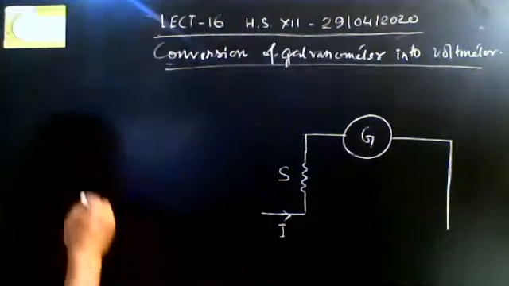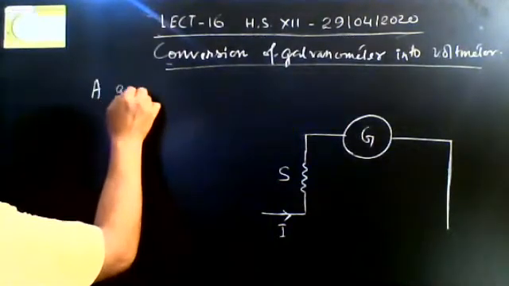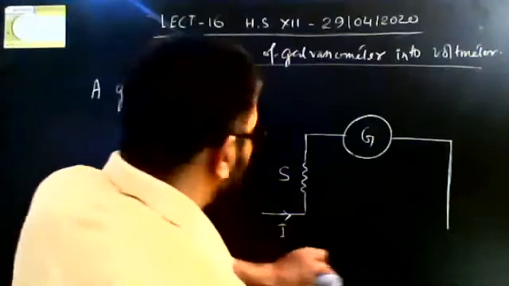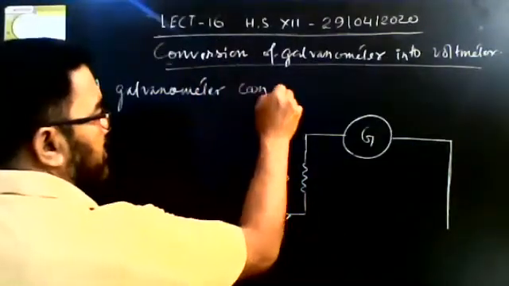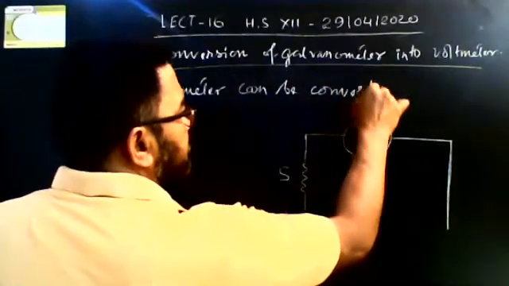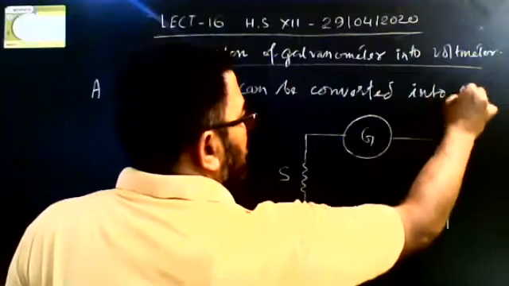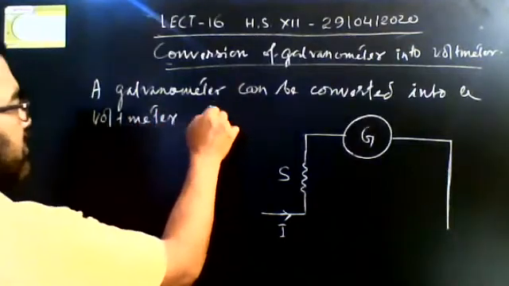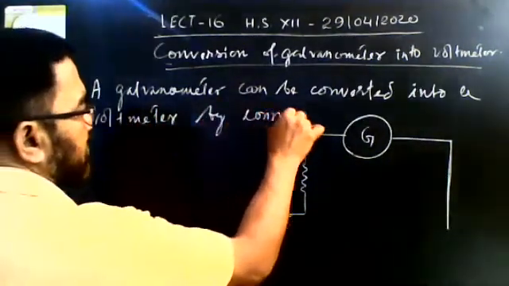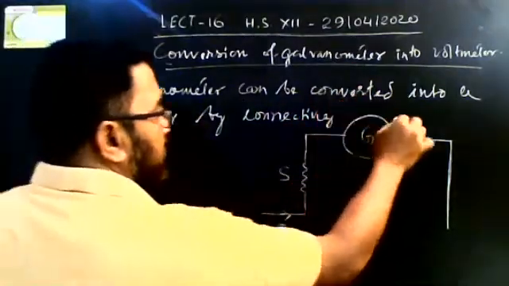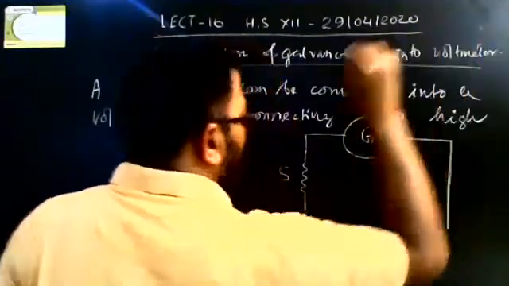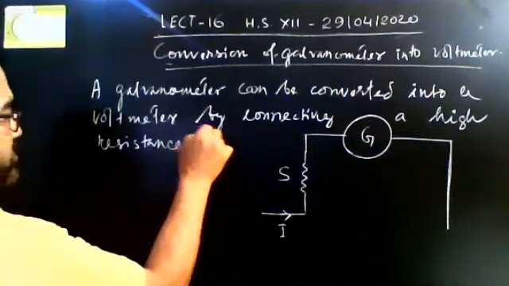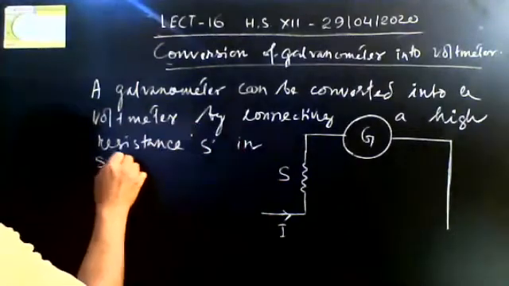So a galvanometer can be converted into a voltmeter by connecting a high resistance in series.